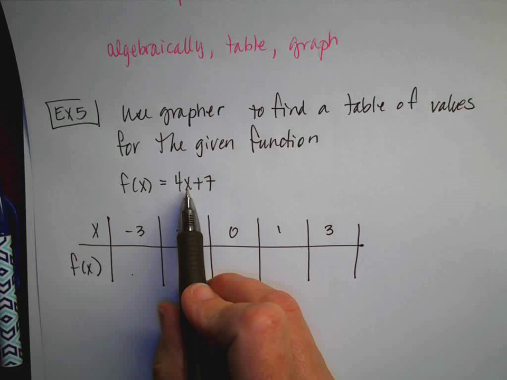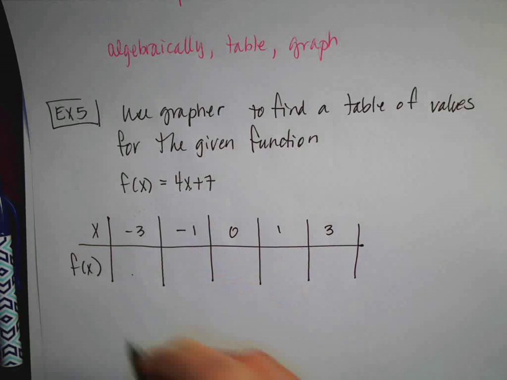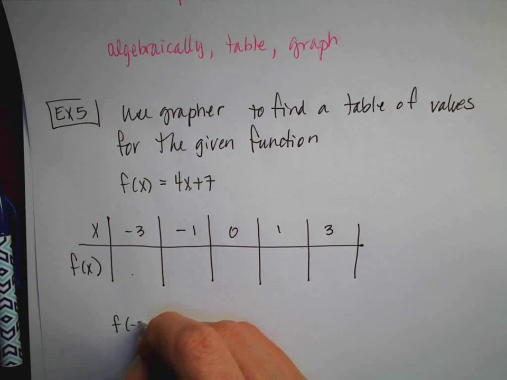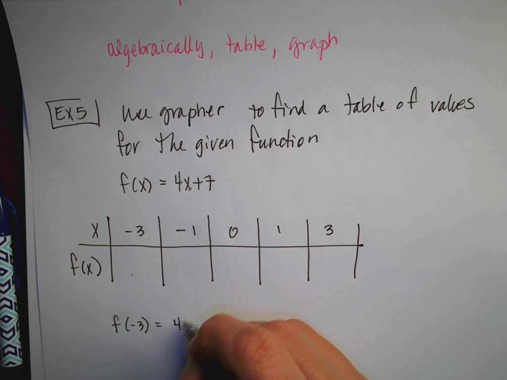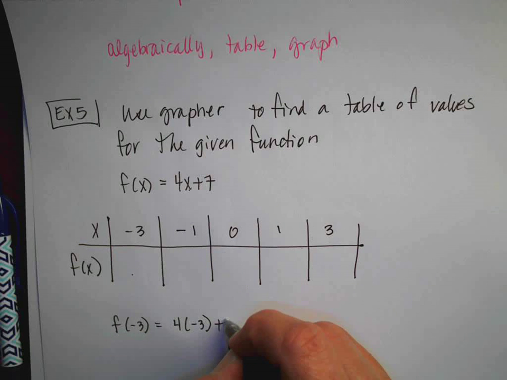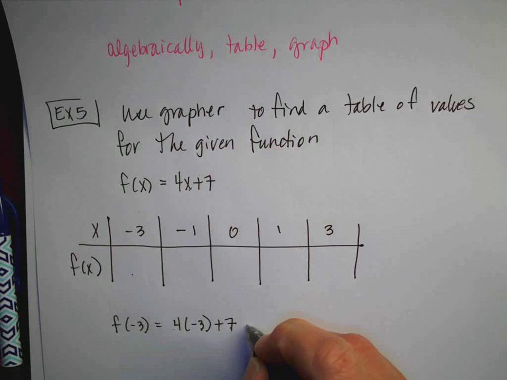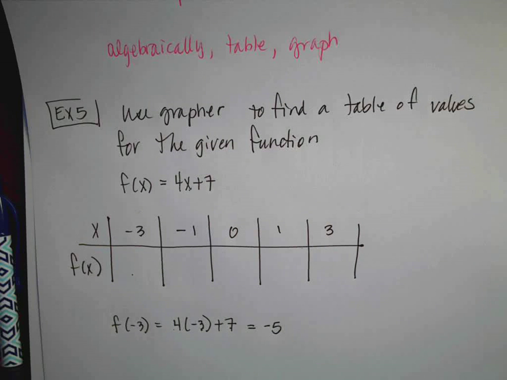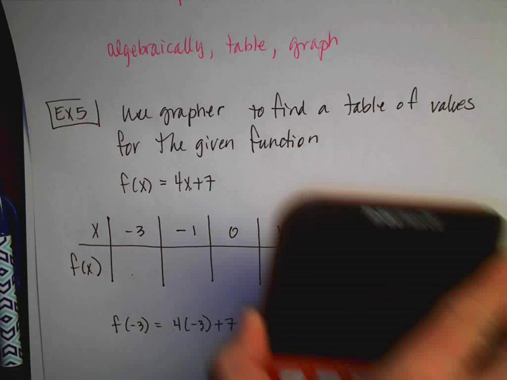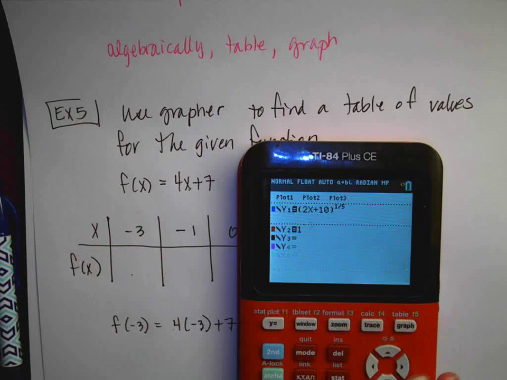I could do this algebraically, so I could substitute a -3 into the equation and do it by hand. So f of a -3 would be 4 times a -3 plus 7. So a -12 plus 7 would be a -5. So I can do that math by hand, or I can do it in my calculator.